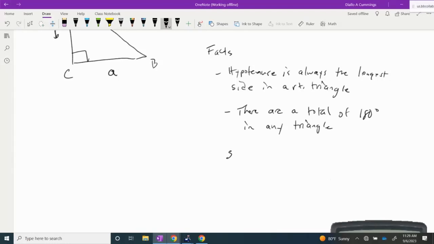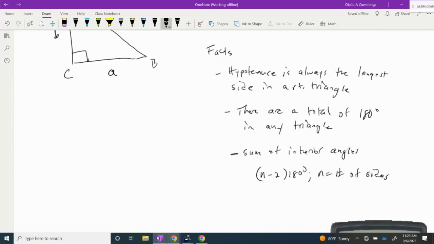That doesn't matter if it's a right triangle or an acute triangle. Now this is from geometry. It's probably been a while since you took a geometry course, but this is the formula for the sum of interior angles: n minus 2 times 180 degrees, where n is equal to the number of sides.